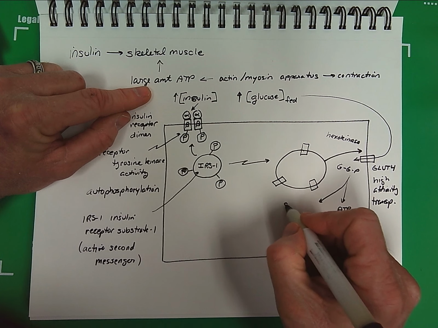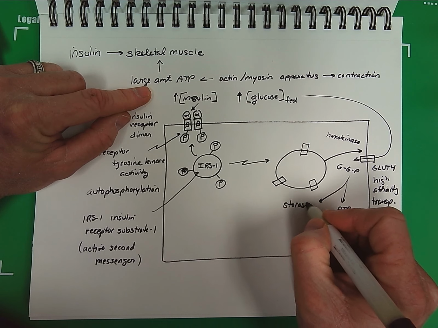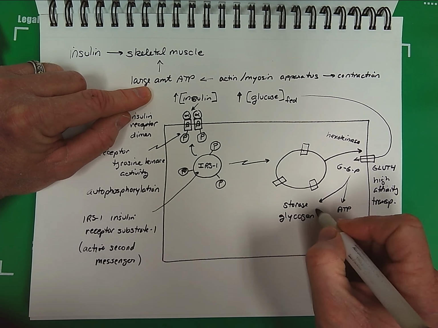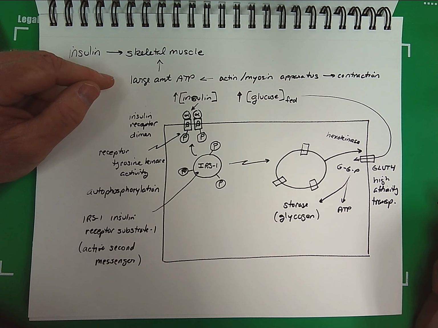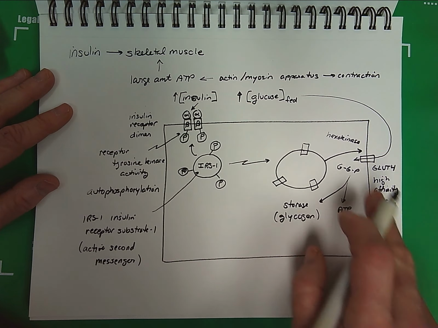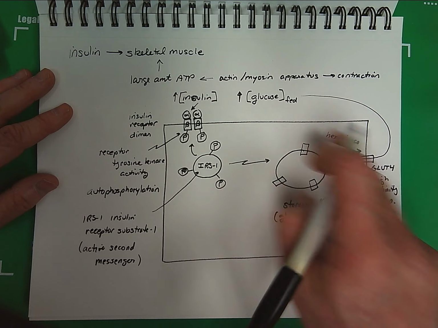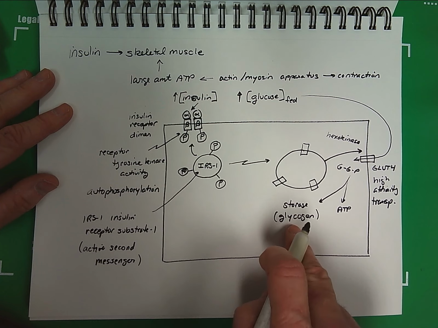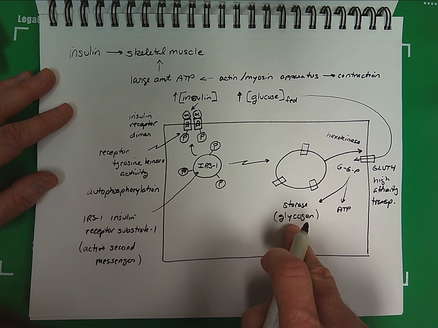The other is for storage. And this storage is in the form of a molecule called glycogen. So by this activity, the skeletal muscle now can take the glucose up in a fed state, generate ATP as it needs, and also can store for later during a fasting state.